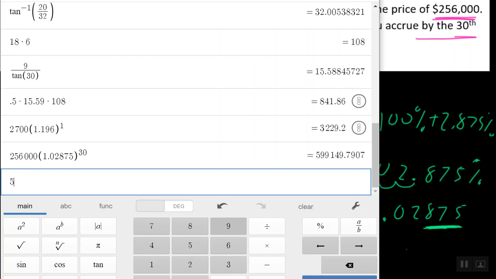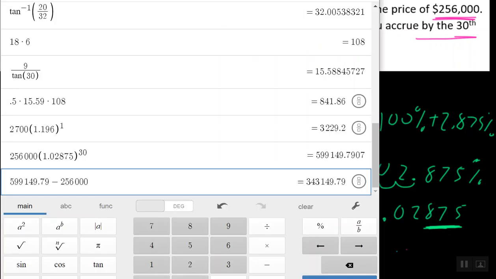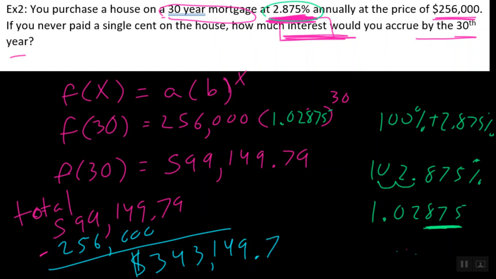So 599,149.79 minus our original price, 256,000, and it looks like the amount of interest we're going to wind up paying is $343,149.79. And this is our interest.